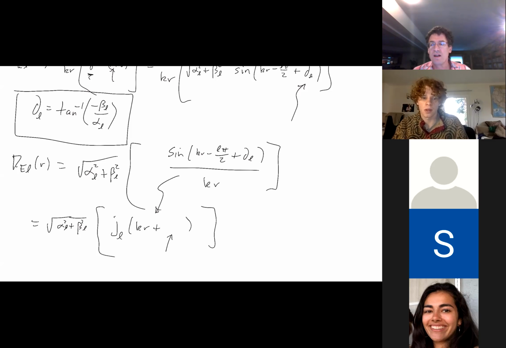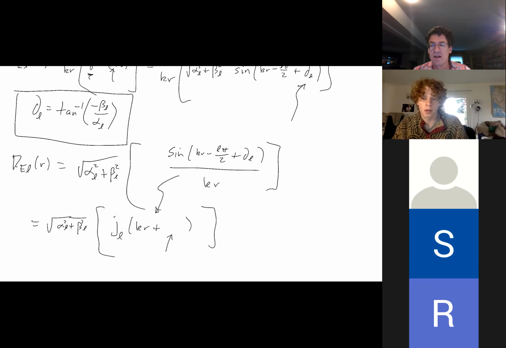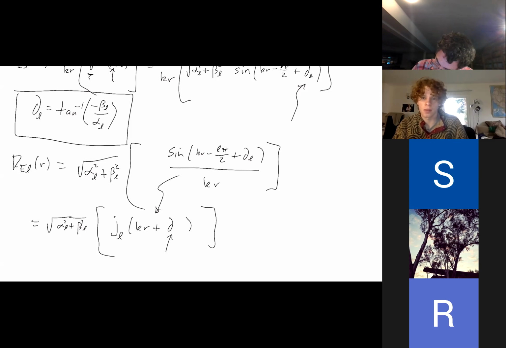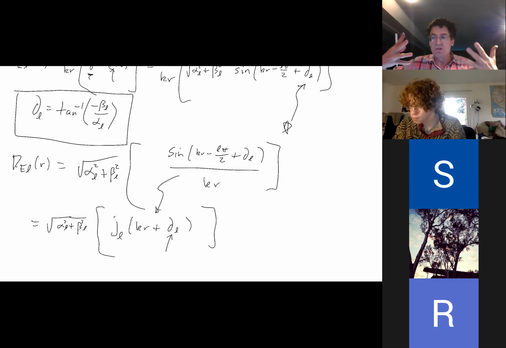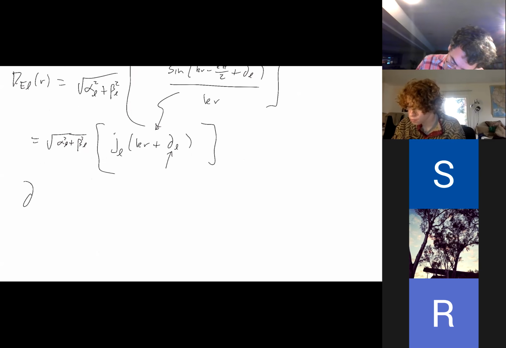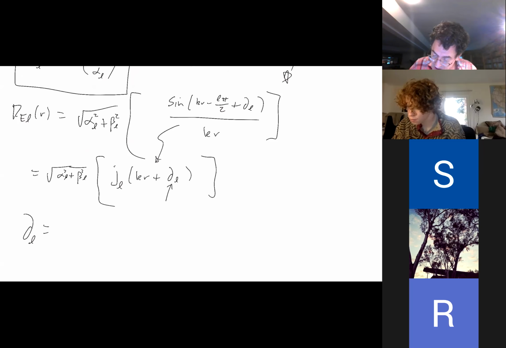Plus what? The phase shift. Is it like 2 delta L? Exactly. So the delta L that we calculated here is the same delta L. So this delta L is telling us the exact difference in phase between our solution and the free particle solution. You see that? Because JL of KR is the free particle solution. And so we just calculated the thing, we got it. So delta L, the phase shift that we wanted all along, is right there.